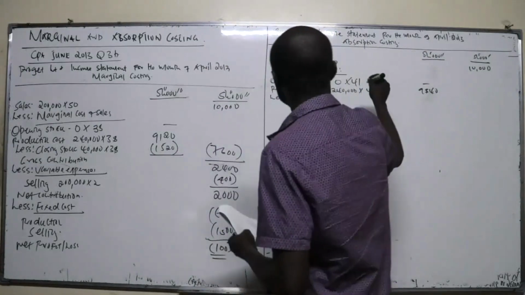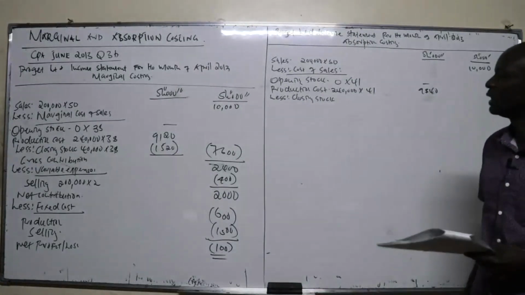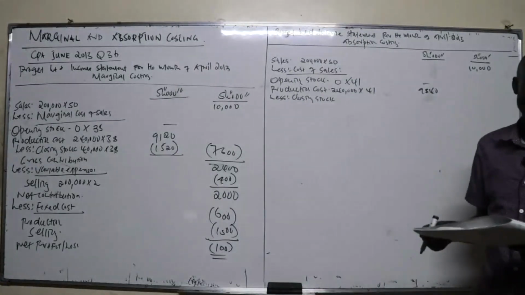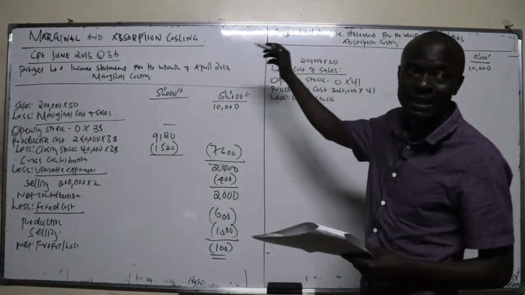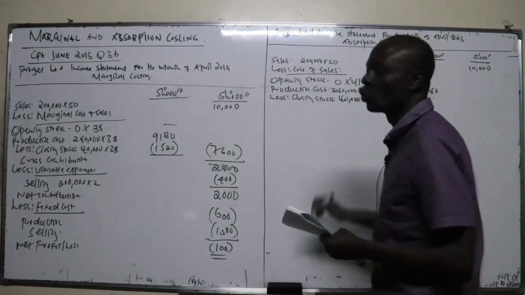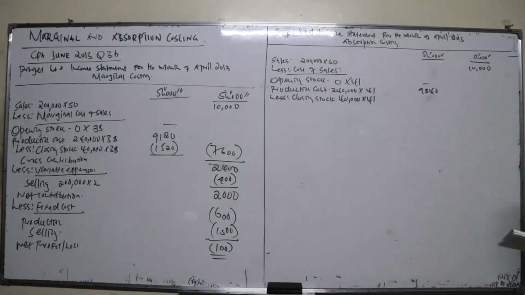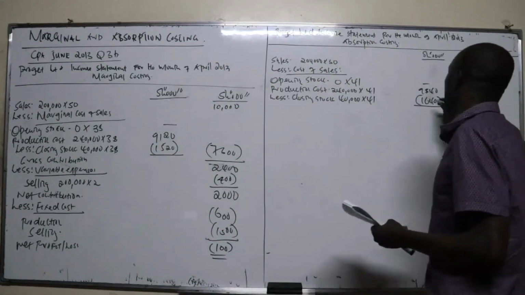Closing stock: they produced 240,000 units, they sold 200,000. So they are retaining how many? 40. The production units minus the sales. So they have 40,000 units. You value them based on the total production cost, which is 41. That one gives you how much? 1640. So you say 1640.